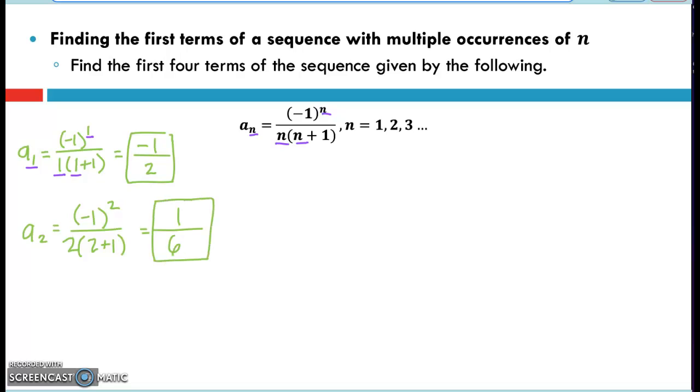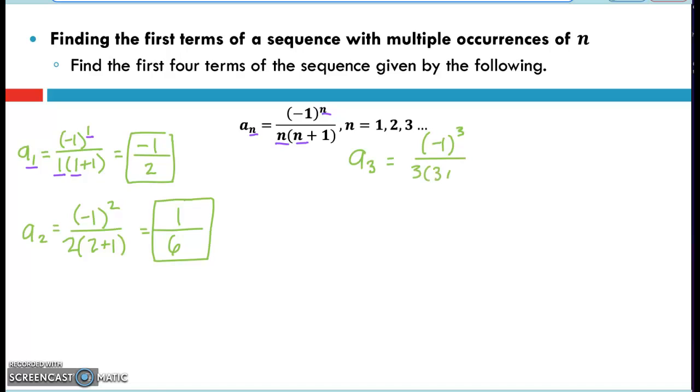Okay, so now I want you guys to go ahead and pause the video and try and find a sub 3 and a sub 4, or our third and fourth terms of this sequence. I'm going to go ahead and continue. Plug in 3 here.